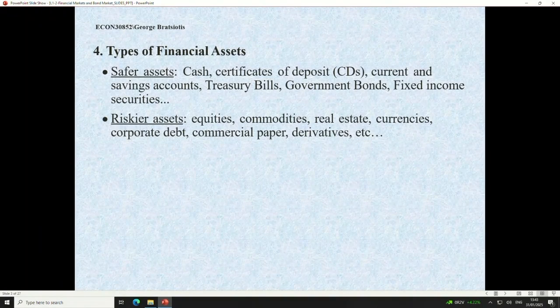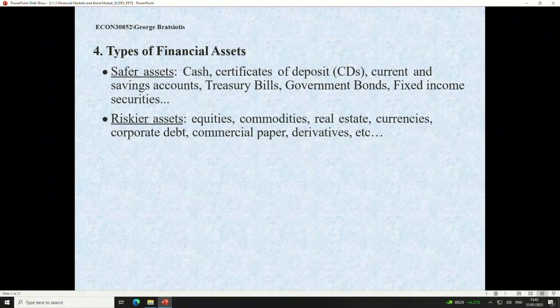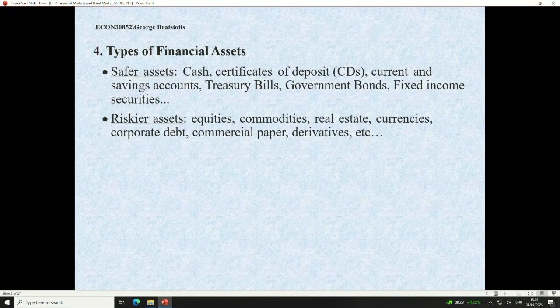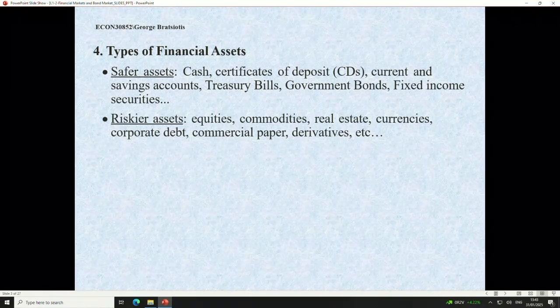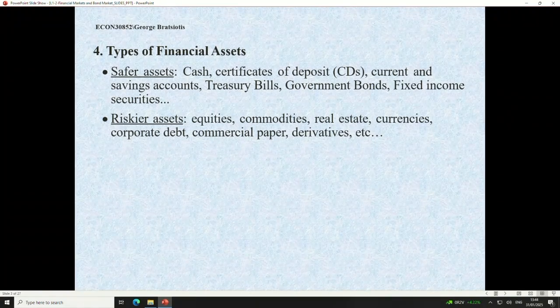So safer assets could be cash, certificates of deposit in the States, or basically savings deposits of a fixed maturity, current and savings accounts, treasury bills, government bonds, and fixed income securities, which are called fixed income because they offer you a fixed income every month.